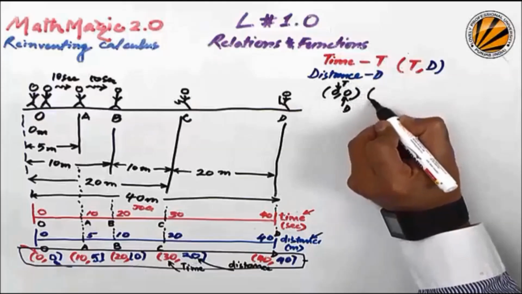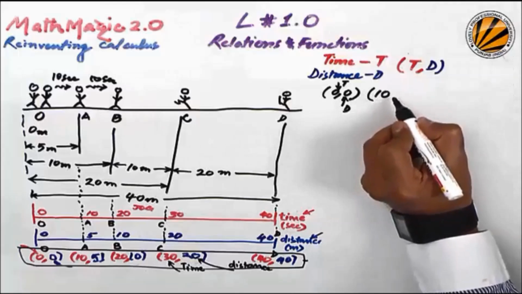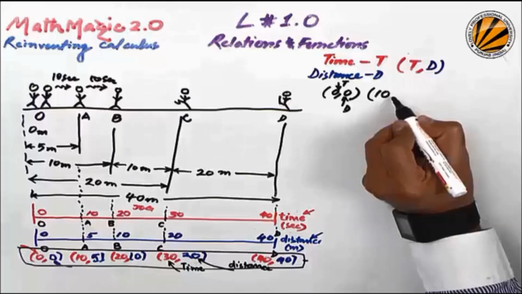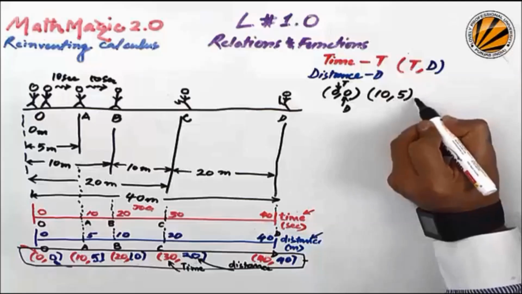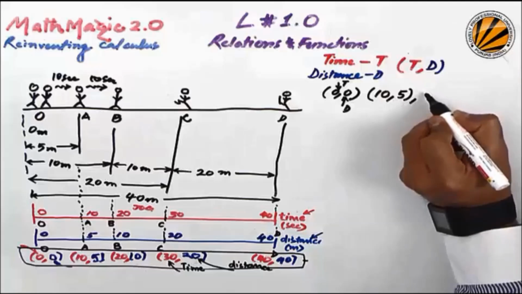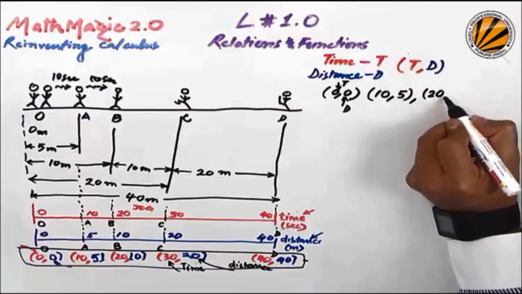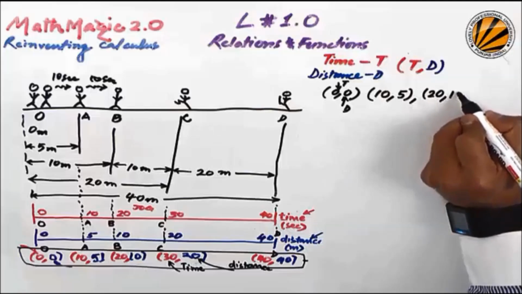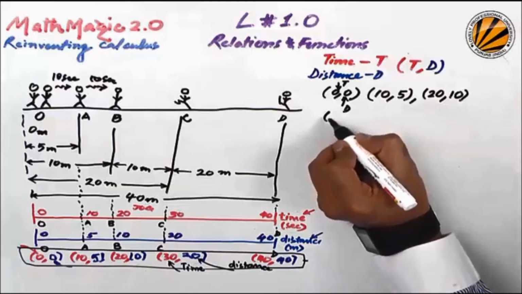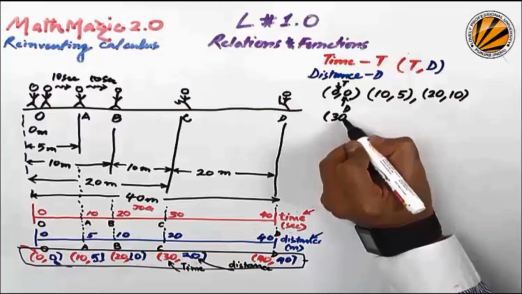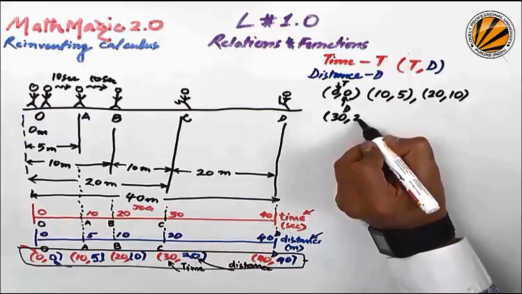Then in the next observation, the time was 10 seconds and the distance grew to 5 meters. Then the time became 20 seconds and the distance became 10 meters. In the next observation, we looked at 30 seconds after the departure. The distance then became 20 meters.